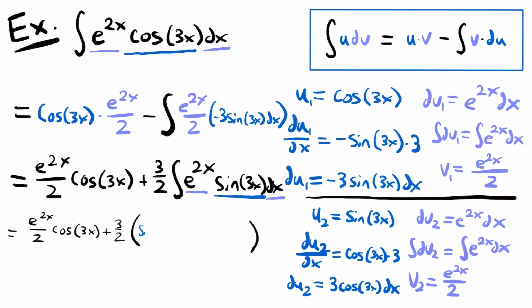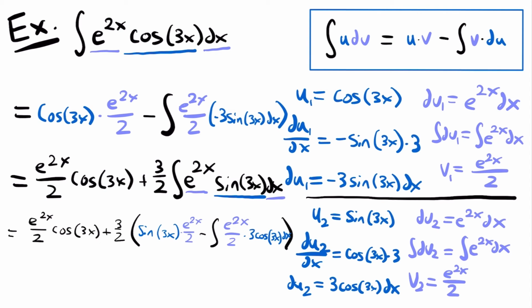So we'll have sine of 3x times e to the power of 2x divided by 2, and then we will subtract the integral, and I'm going to have to rewrite that parenthesis. I'm going to put it over here. And inside the integral we'll have v, which is e to the power of 2x divided by 2 times du, which is 3 times cosine of 3x times dx. And I just barely fit that in there.